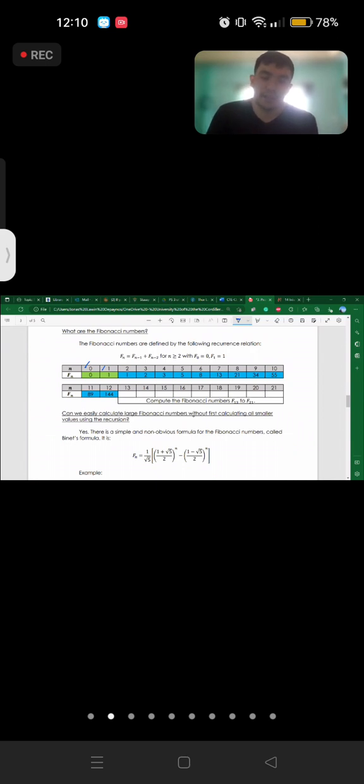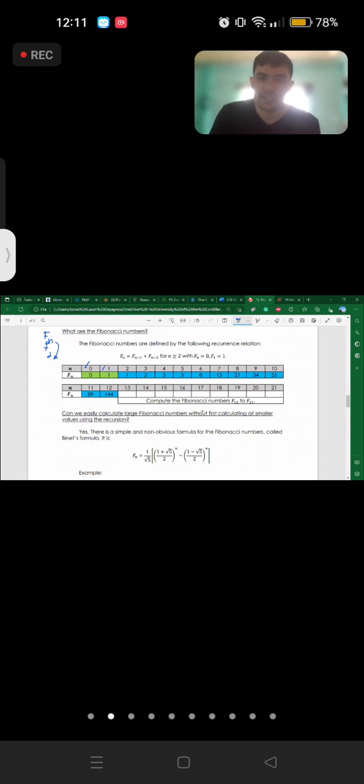Now, if we need to compute for F sub 2, note, F sub n, so in here, our n is 2. So if you compute for F sub 2, that is F sub n minus 1, F sub 2 minus 1, which is F sub 1, plus F sub 2 minus 2, which is F sub 0. So F sub 2 is equal to F sub 1 plus F sub 0.